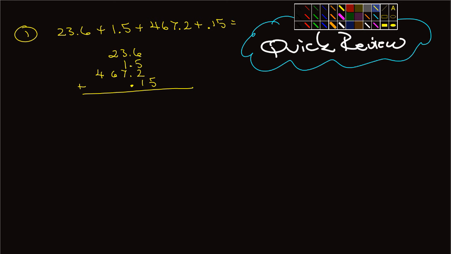Notice the consideration I've given to the place value of everything. So, for example, this 5 right here is in the tenths place. And sure enough, it's in the tenths place with this 6, this 2, and this 1, which are also in the tenths place.